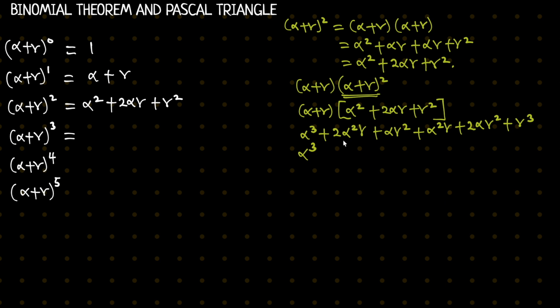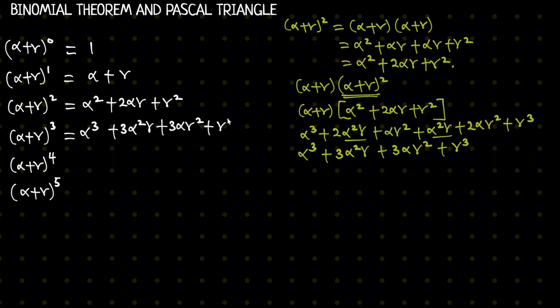When we collect the like terms, this is alpha squared gamma, this is alpha squared gamma. So we have 2 of them here, we have 1 of them here. So we have 3 alpha squared gamma plus 3 alpha gamma squared plus gamma cube. So when we come back here, we have alpha cube plus 3 alpha squared gamma plus 3 alpha gamma squared plus gamma to the power of 3.